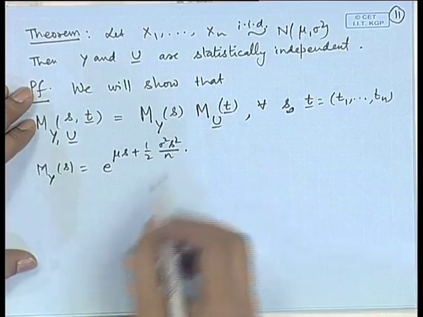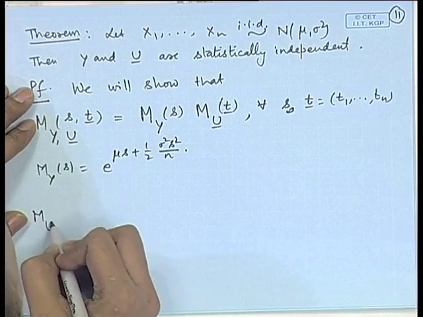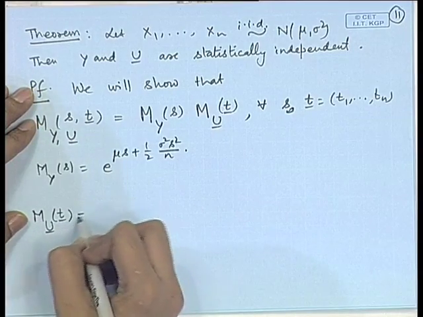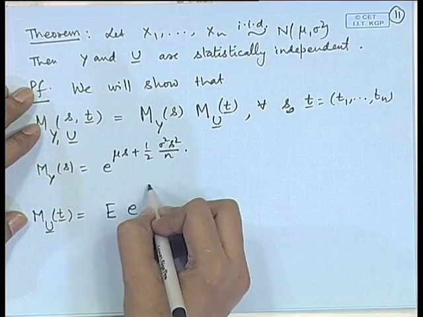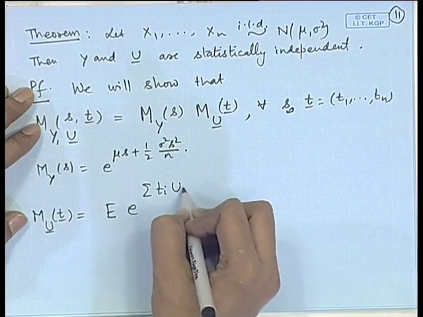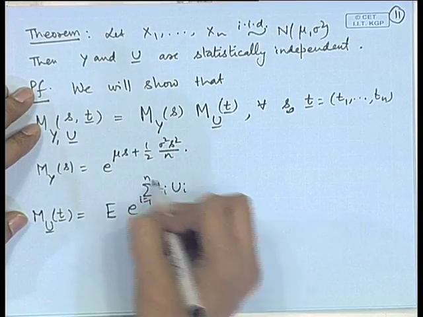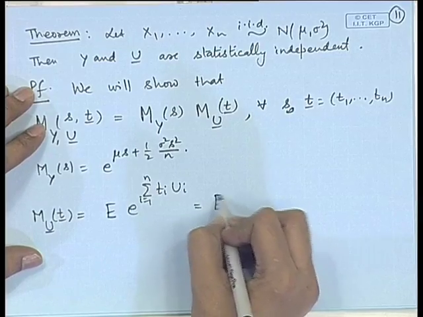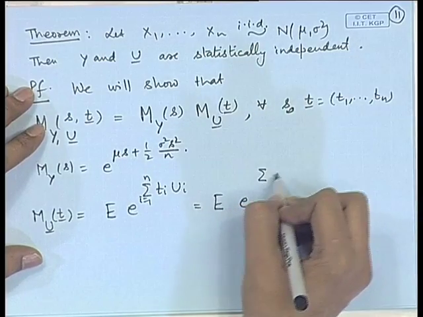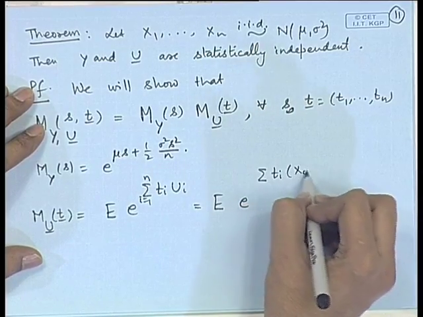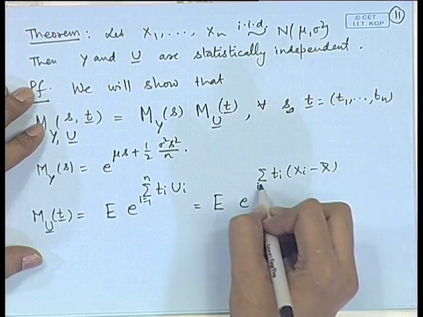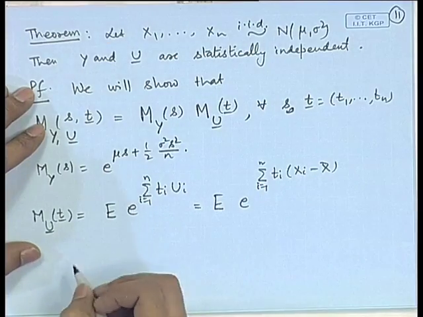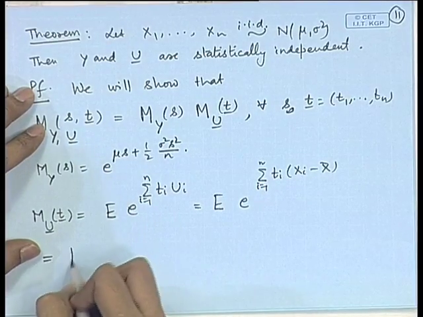Now, we calculate the moment generating function of U also, that is expectation of e to the power sigma ti Ui, that is equal to expectation of e to the power sigma ti (Xi minus X bar). At this stage, I will introduce some notation.